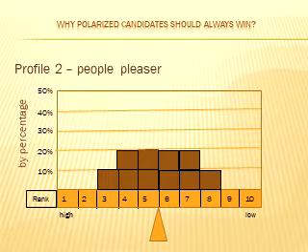I would call this profile the people pleaser, a candidate who has broad appeal, offering something to both sides. This too is balanced with favorable rankings offset by unfavorable rankings. By trying to represent all his constituents, fewer people will love him and fewer will hate him, but he's still an average candidate.